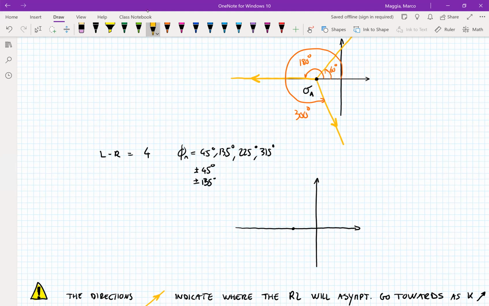In this case, the asymptotes look like this. So you have 45 and minus 45, plus 135 and minus 135.